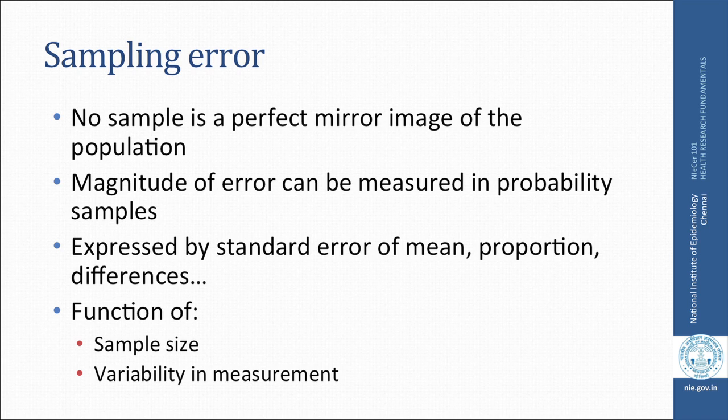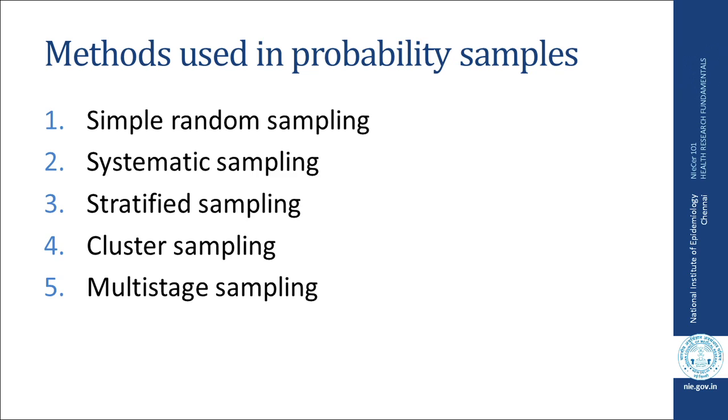This is expressed by the standard error of the mean, proportion or differences, and that is a function of the sample size and the variability in the measurement. So, sampling error is a very important component in sampling theory, which helps us in identifying the sample size and so on. Now, let us look at some of the popular sampling methodologies that are employed in sample surveys.